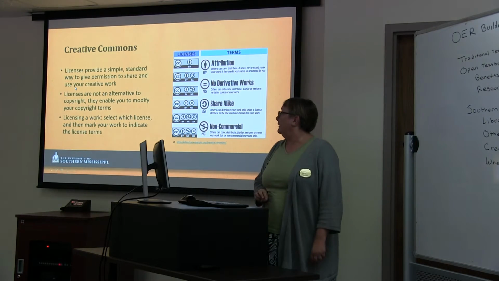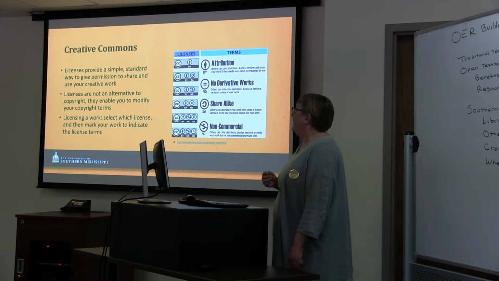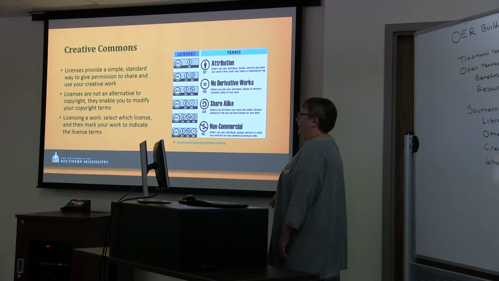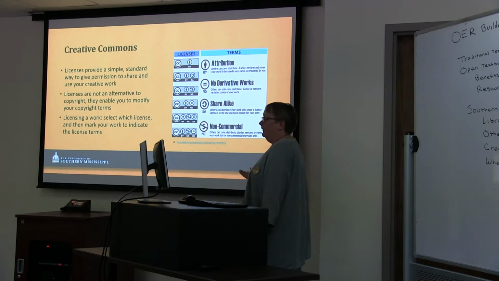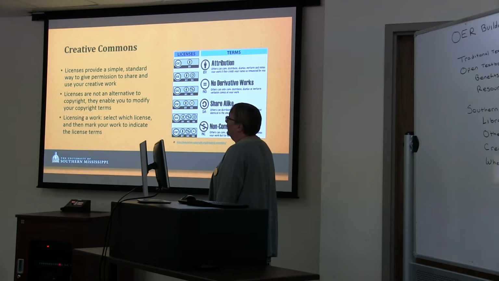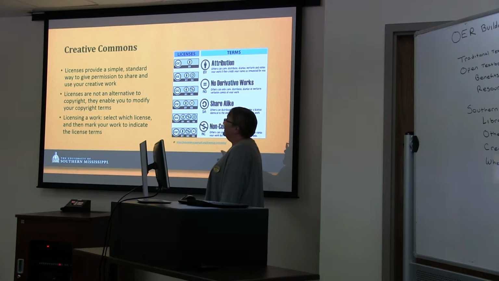So Michelle talked a little bit about this in answer to your question, but I just want to highlight it one more time because, again, we want to make sure that you are both looking for the correct information and you're giving your own work the correct attribution because you want credit as well. So Creative Commons has several licenses, but there are 4 that are the most commonly done.